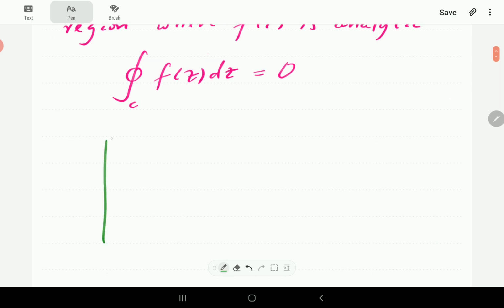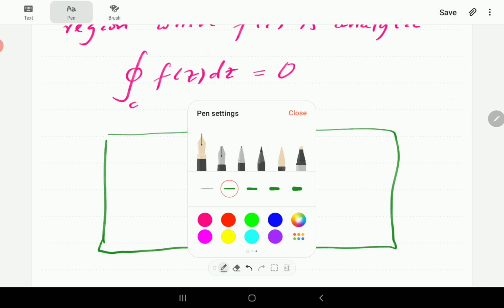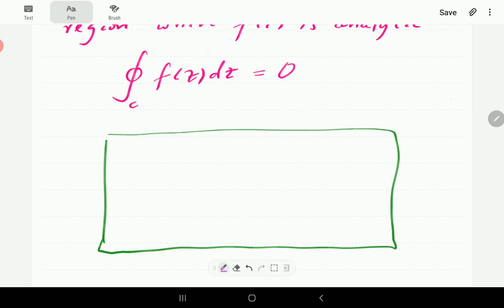So what this is saying is, suppose this is a domain or region where f is analytic. So if we integrate f of z along any closed contour, then it's always going to be equal to 0.